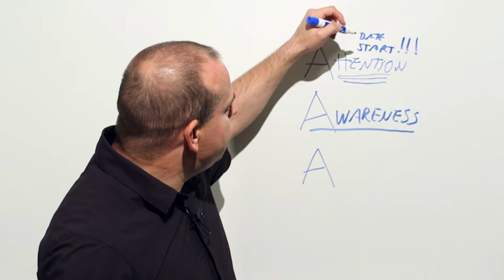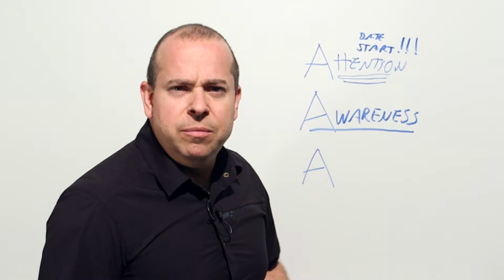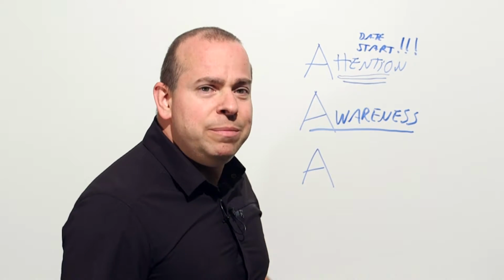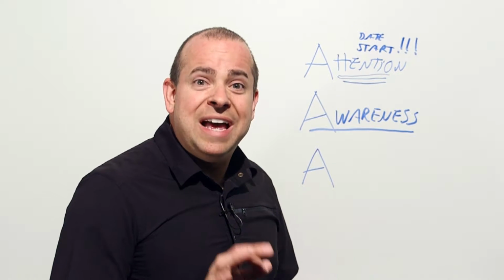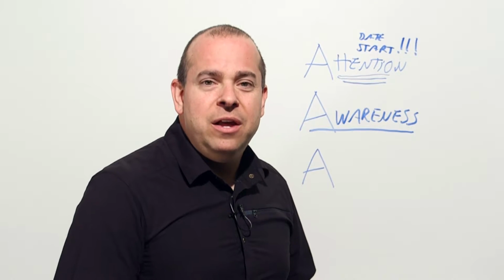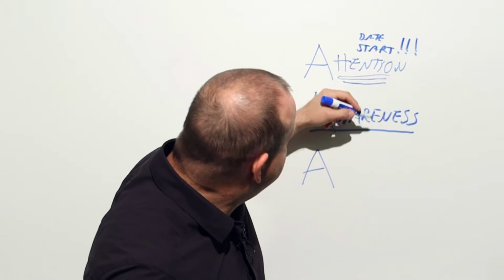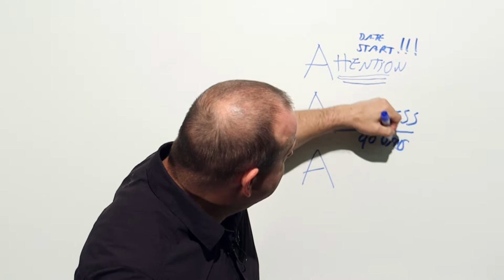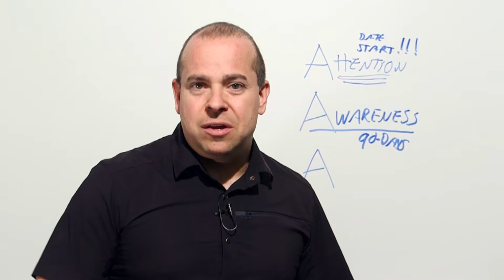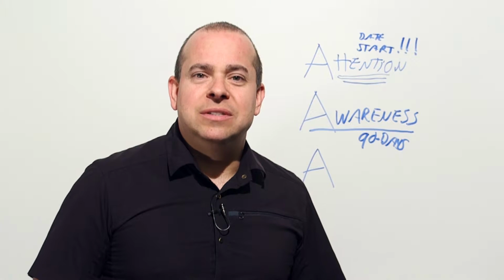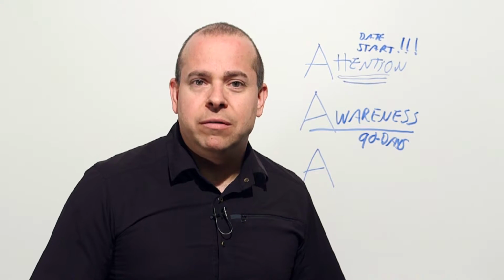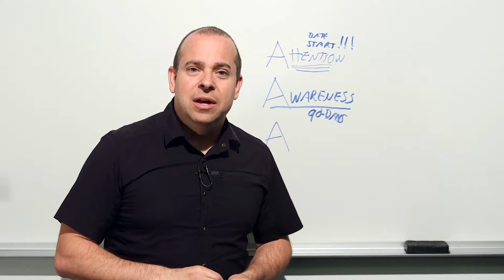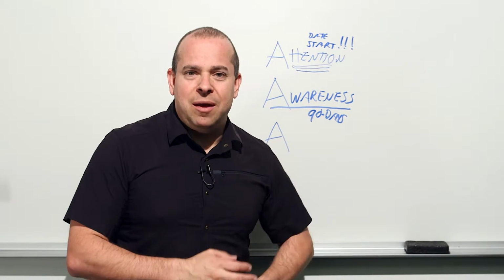When it comes to garnering awareness for your campaign, here's what I want to encourage you to do. If your start date is going to be November 1st, what I typically do is I start awareness 90 days prior. So 90 days prior from when the campaign is going to start, I start seeding that the campaign is coming. And normally what I'll do is I'll either write an article in our newsletter to tease that this is coming and explain the why behind the campaign.